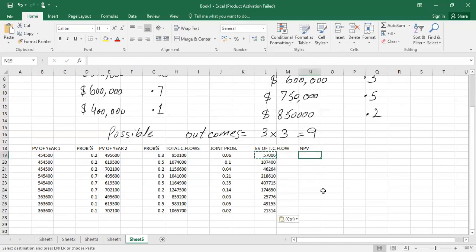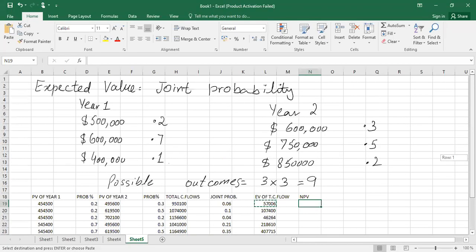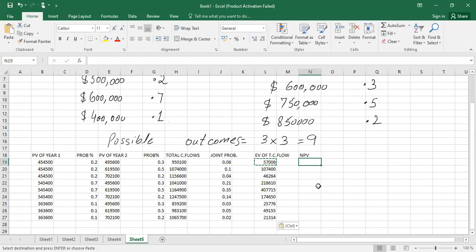Now how to calculate net present value? Suppose net present value is expected value of this cash flow minus, suppose our initial investment is $100,000. This minus $100,000.